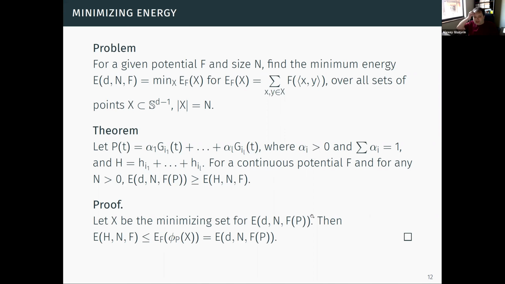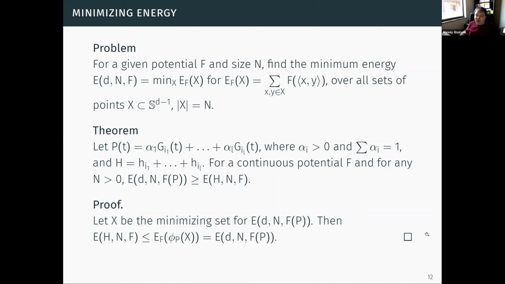Well, that's essentially the proof. If you look at the minimizing set in a smaller dimension, you map it to a higher dimension, and then the energy associated with the image is at least the minimal energy in the higher dimension. So that's a clear inequality that you can get here.